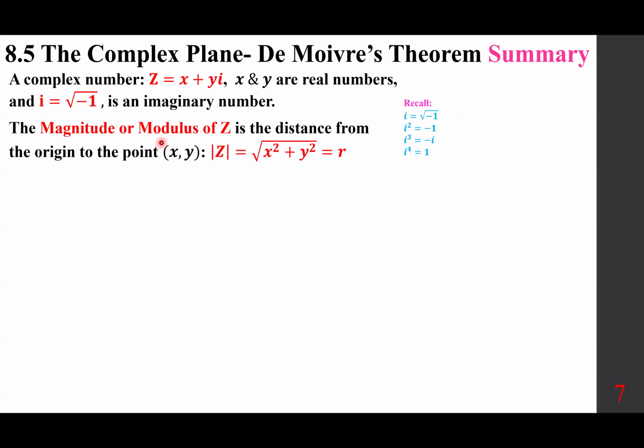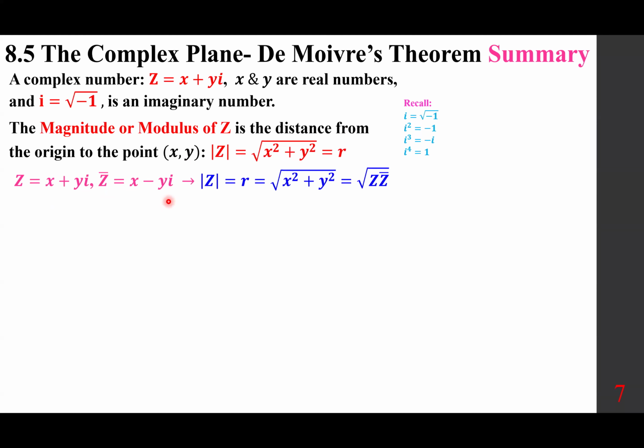The magnitude, also called the modulus of z, is the distance from the origin to the point (x, y). Therefore, it is the square root of x squared plus y squared, equals r, just like the r for polar coordinates. So when z is x plus yi, its complex conjugate, which we call z bar, is x minus yi.